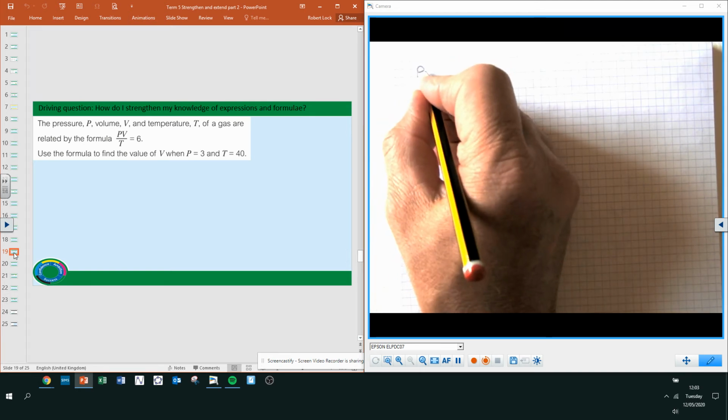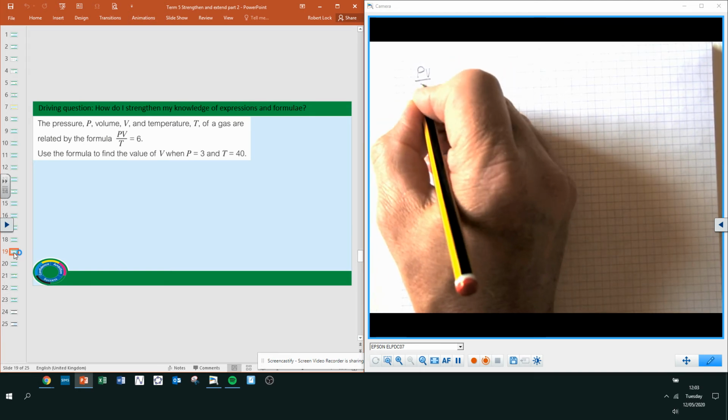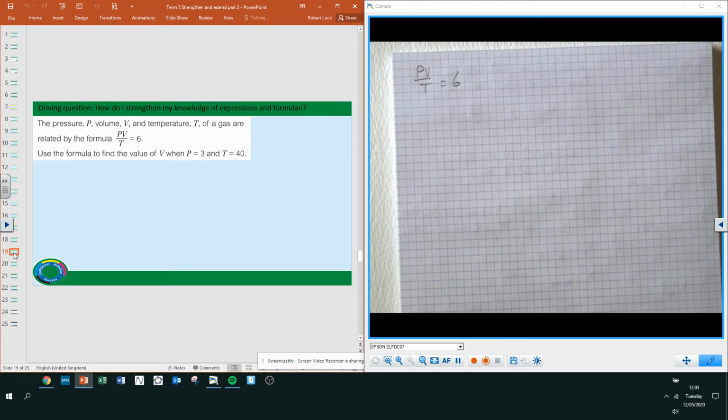PV over T equals 6. Use the formula to find V when P is 3 and T is 40. Now the pressure P, volume V and the temperature T of a gas are related by the formula PV over T equals 6. Pressure times volume over temperature equals 6.